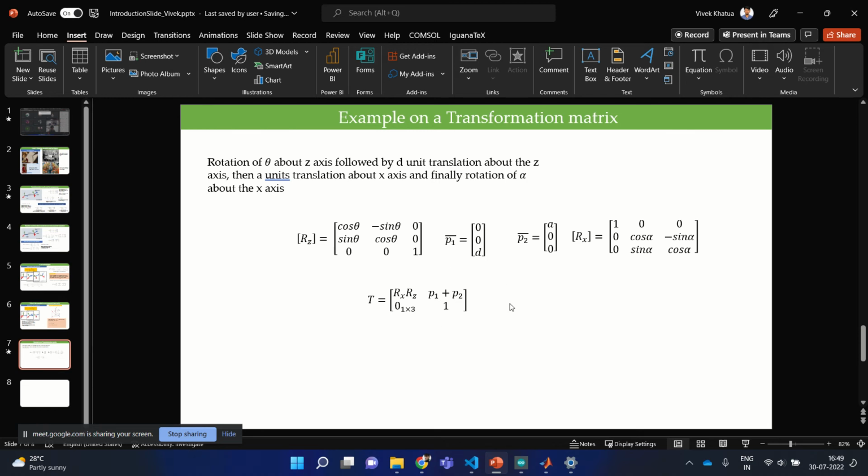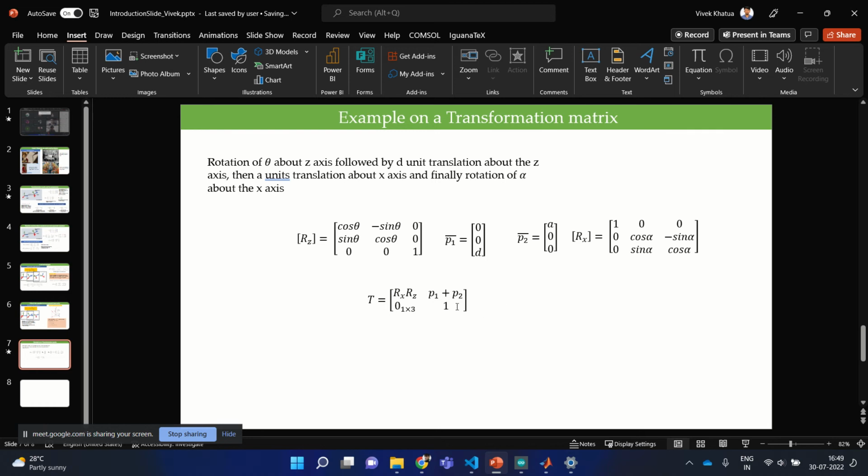So this is the transformation matrix that you are required to construct for questions 10 to 12. And from this, the p1 plus p2 that you get would give you your x, y, and z axes, right?